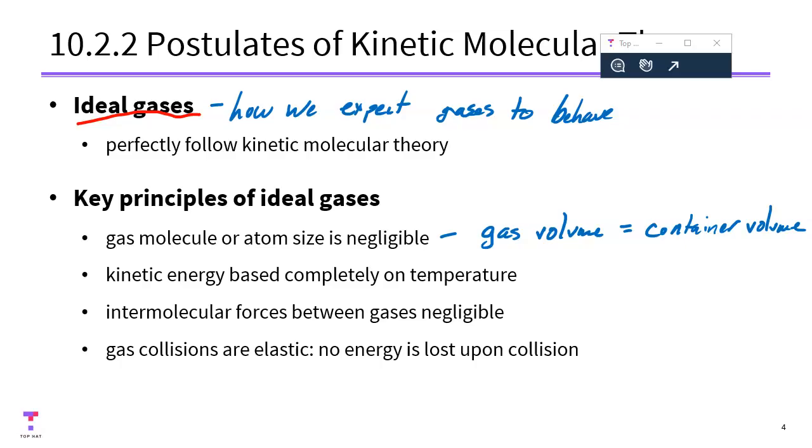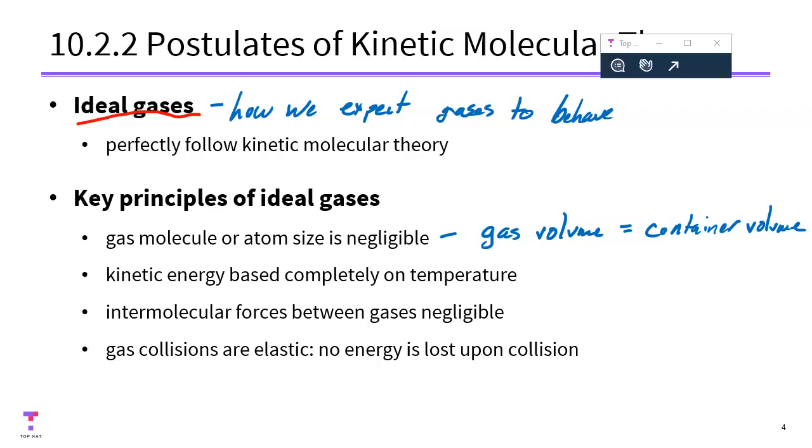Why is that important? Well, when we start using gas laws to predict certain kinds of properties of gases down the line, it's a lot easier to talk about gases if we can just talk about their containers. I have a 3-liter balloon. I have a 2-gallon gas tank.